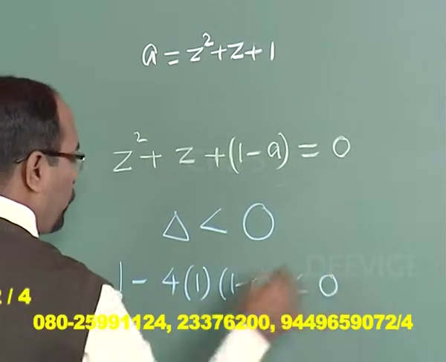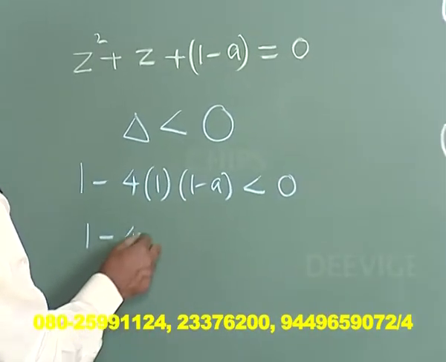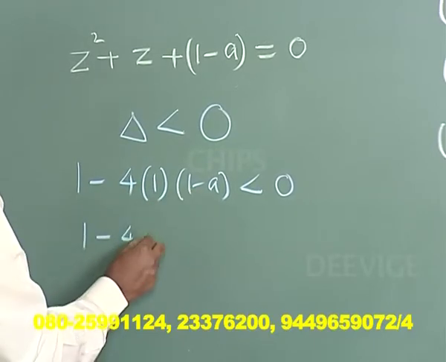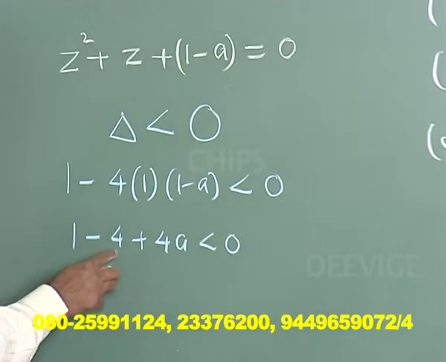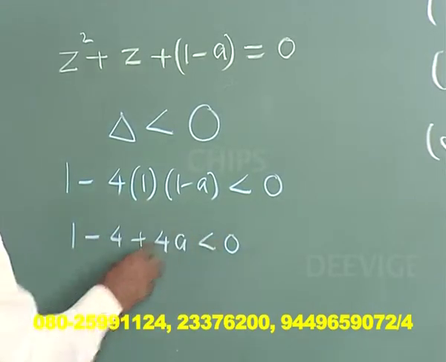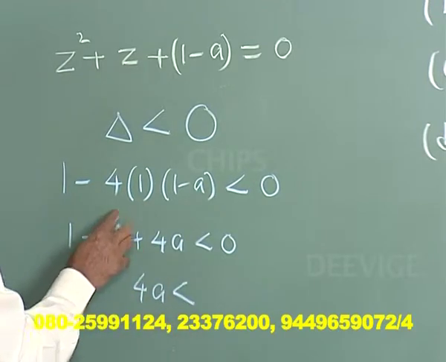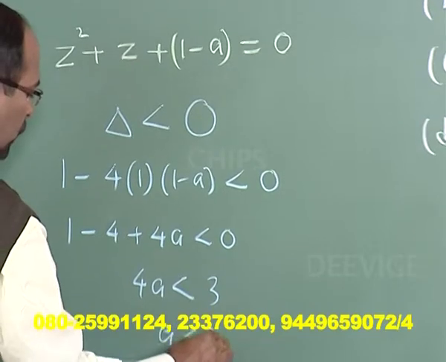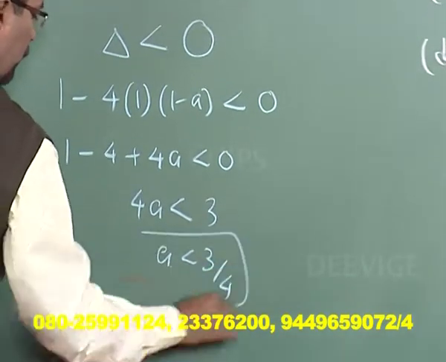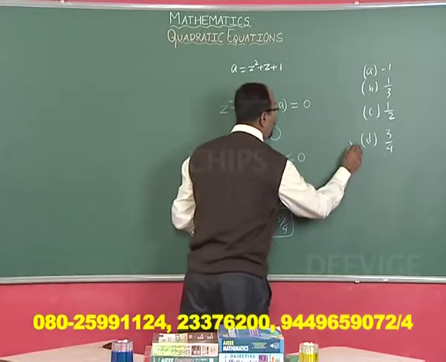This must be negative. 1 minus 4 times 1, that is 4, plus 4a must be negative. 1 minus 4 is minus 3. Shift this to the right hand side. So 4a must be less than 3, a must be less than 3 by 4. A is less than 3 by 4 means a can never take the value 3 by 4, therefore option D is correct.